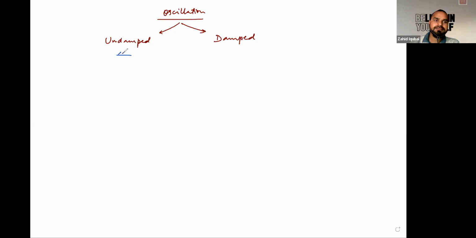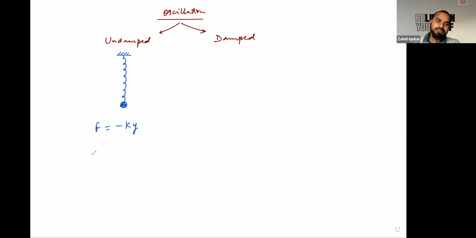Suppose a spring mass system is placed in a surrounding in which there is no viscous medium. So if you stretch it a little bit down or up, it will experience only spring force. So total force acting on this spring will be minus ky.